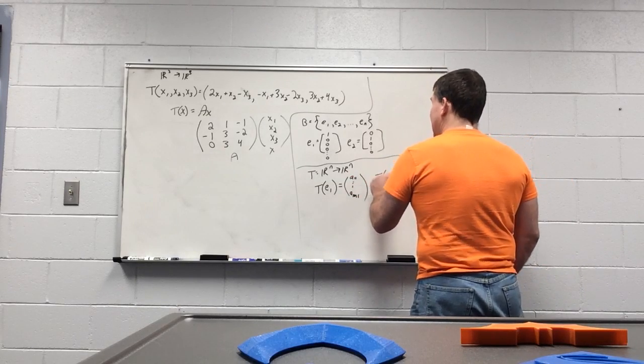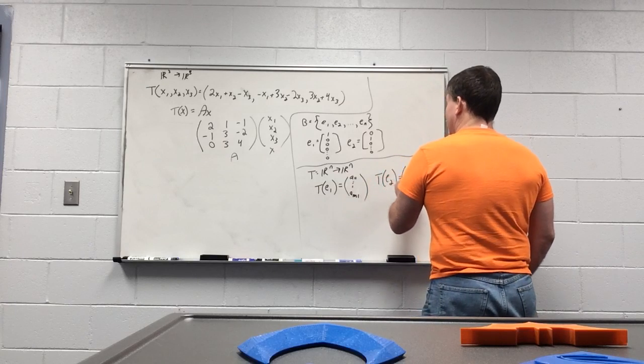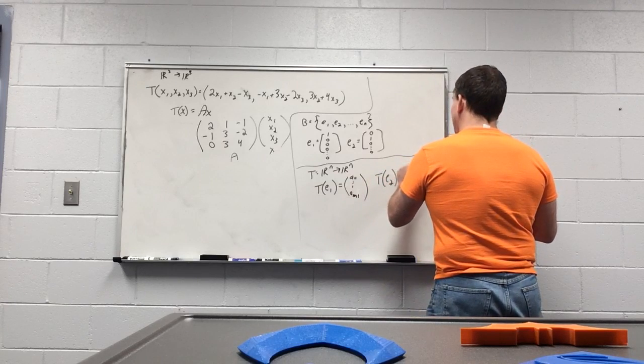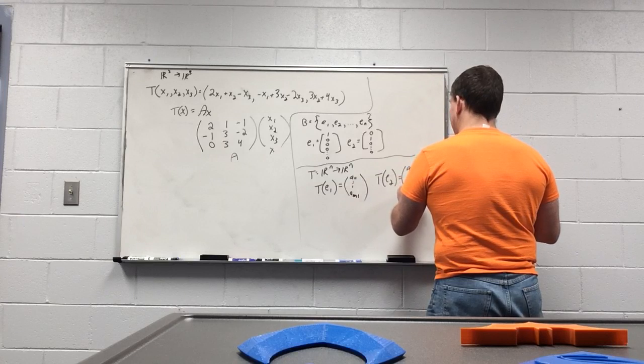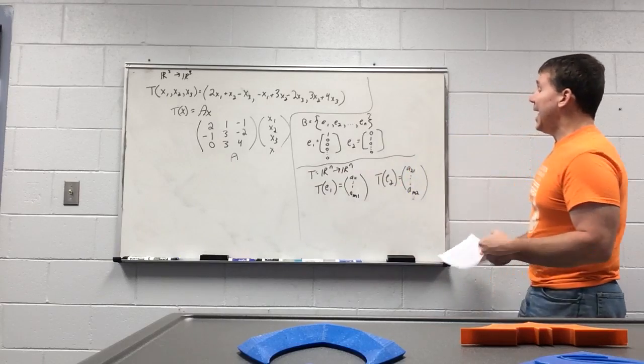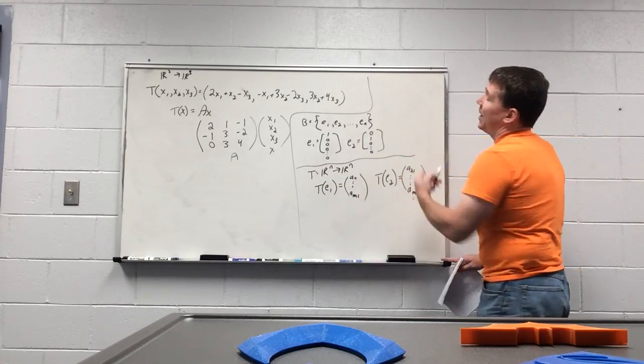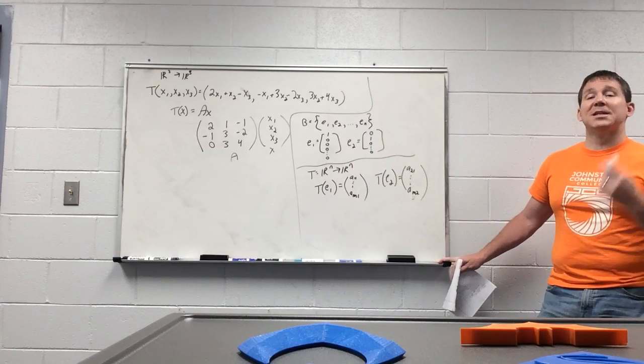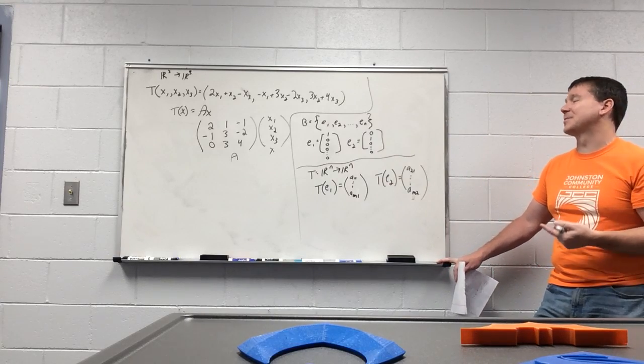But then I need T of E sub 2, which I'll just call A21 down to A M2, etc., for all n of those basis vectors.